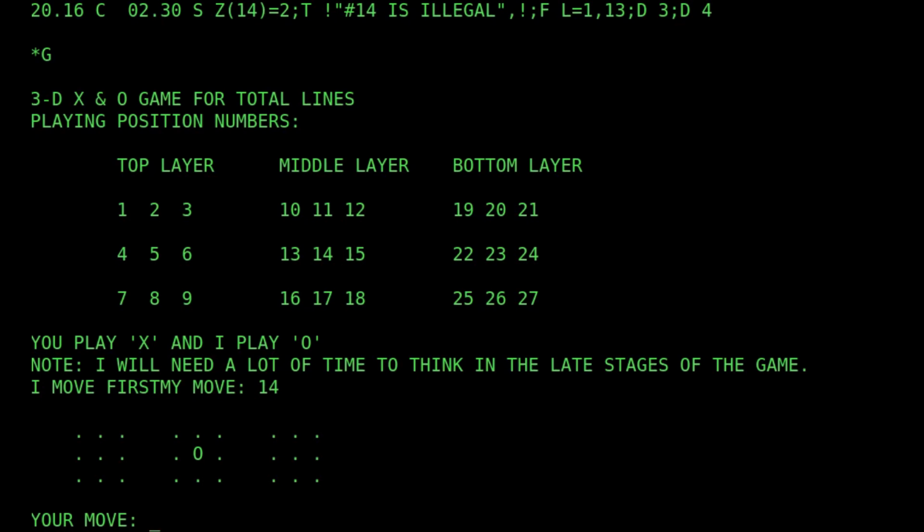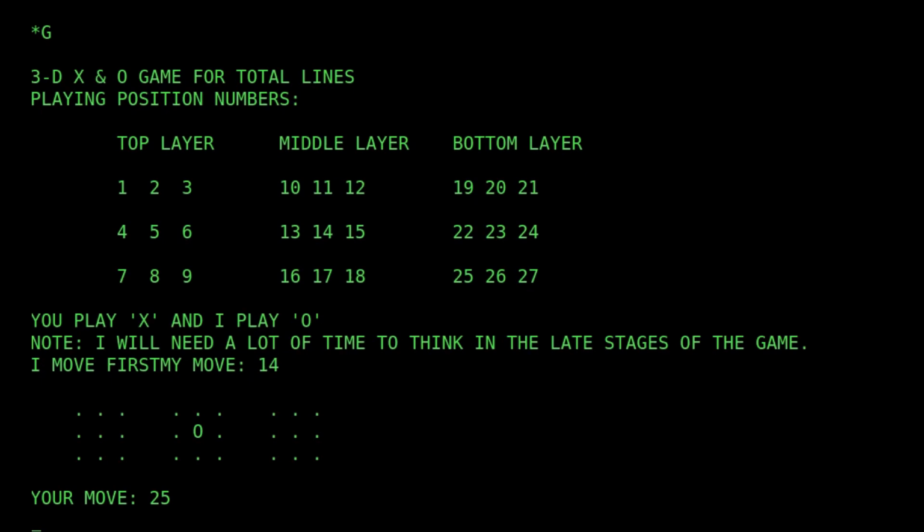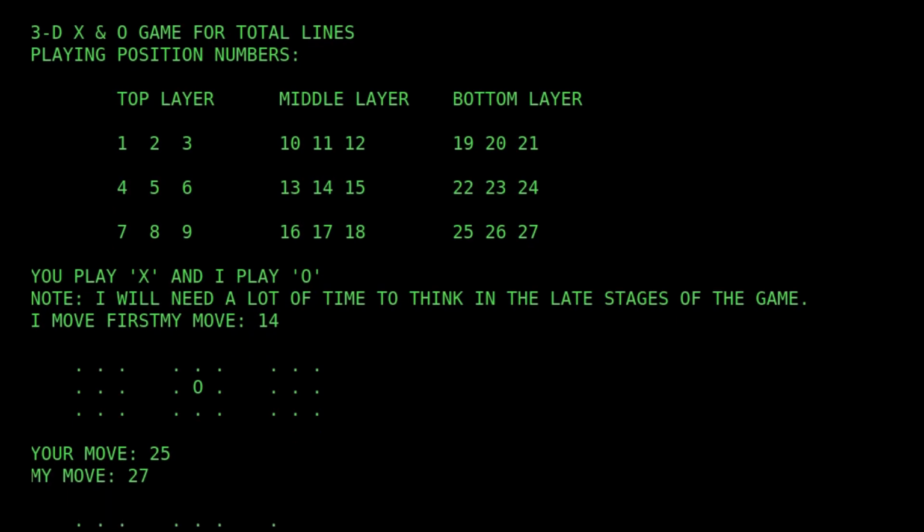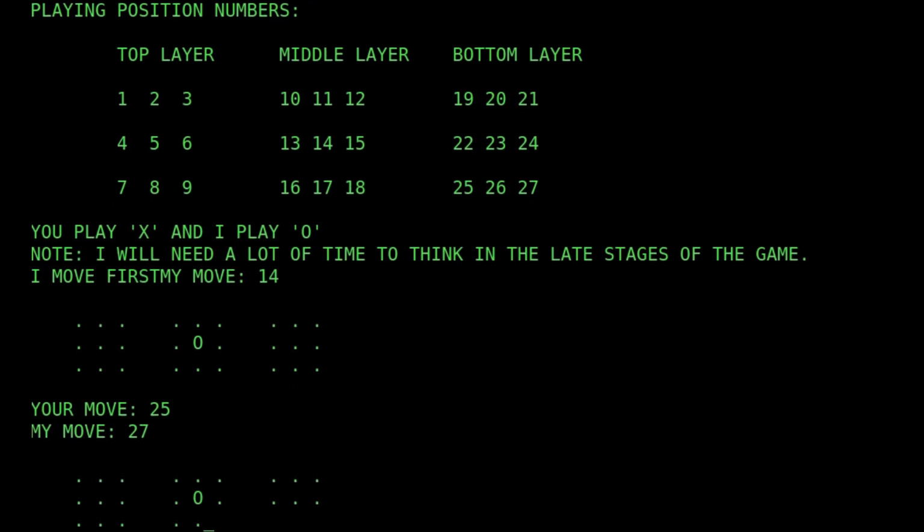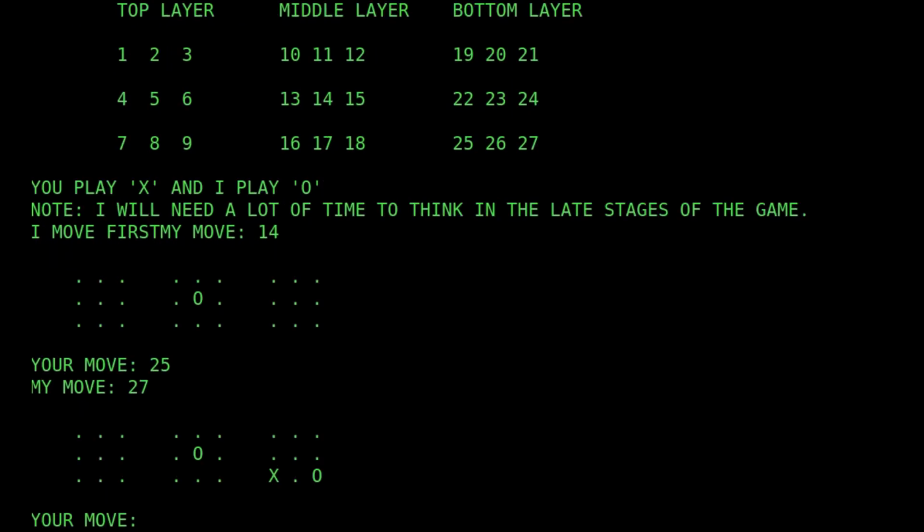My move first, my move 14. Well, apparently this thing will always win when it's 14. Well, I'm going to take 25. Okie dokie. I'm going to take 19.